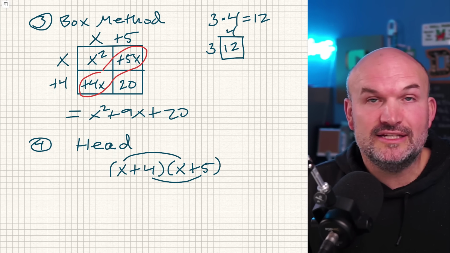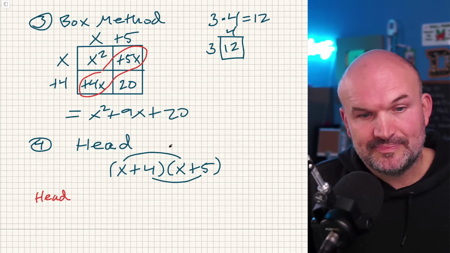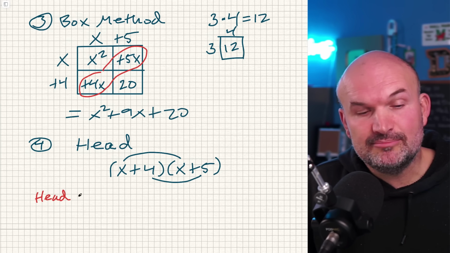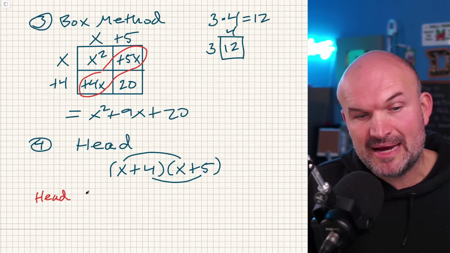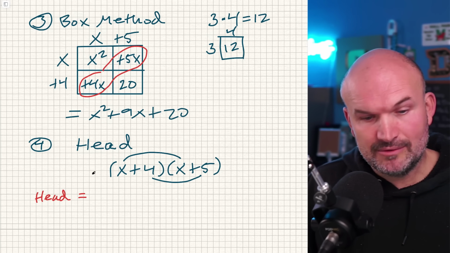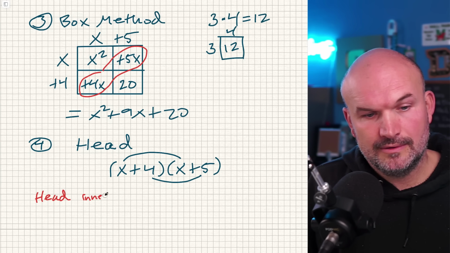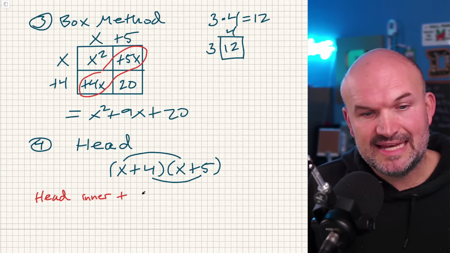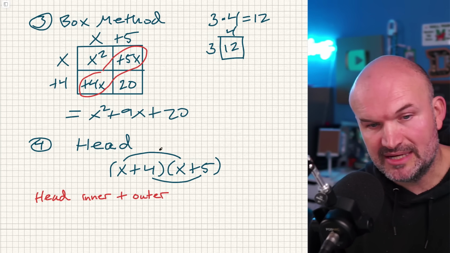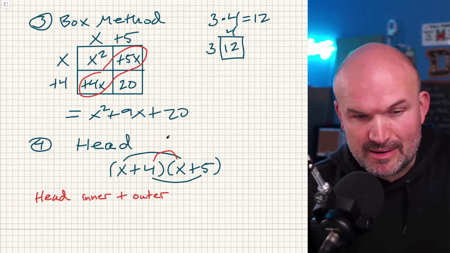The hard calculation, what I'm doing in my head, is going to be the inner product plus the outer product. So in my head, I am thinking the inner plus the outer. So what I'm simply going to do is look at this inner product, which is 4 times x, and I keep that in my brain.